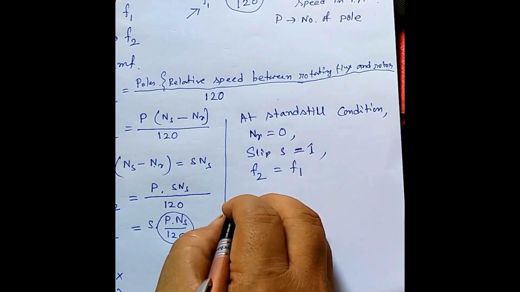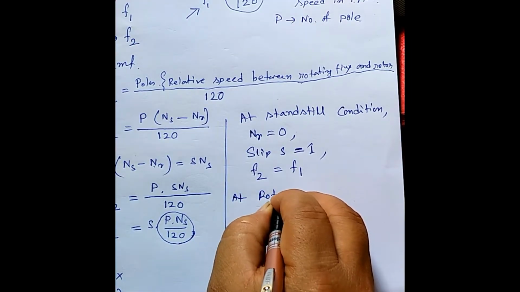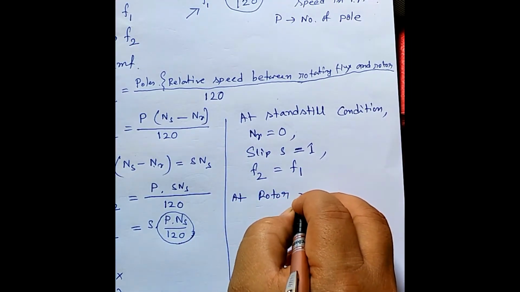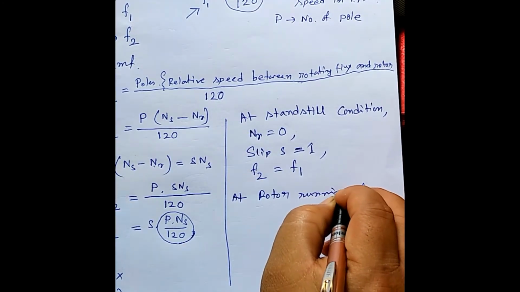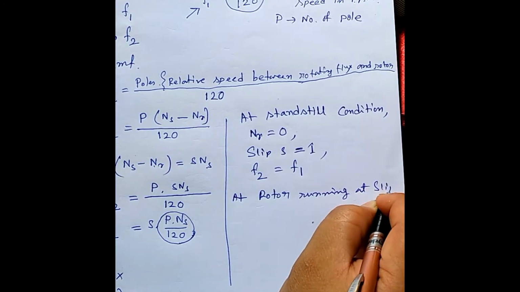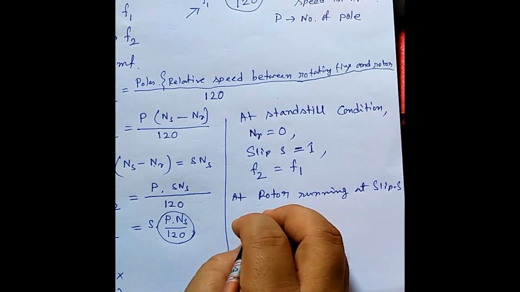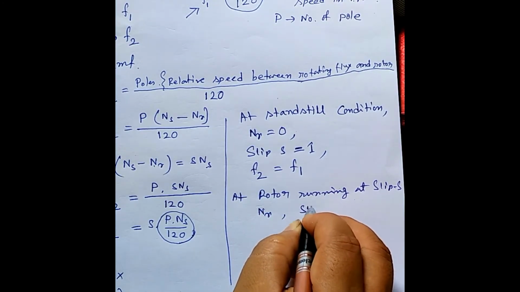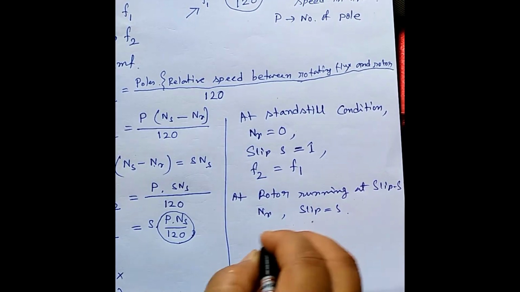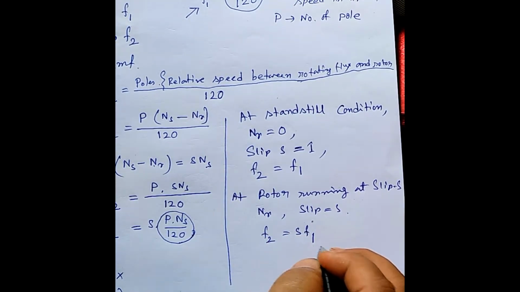This is one condition. And when the rotor is running at slip S, that means the rotor speed is Nr and the slip equals S, so the rotor frequency will be S into F1.